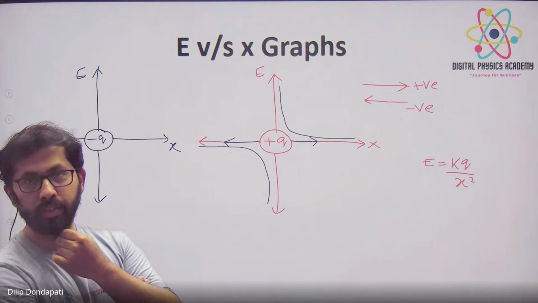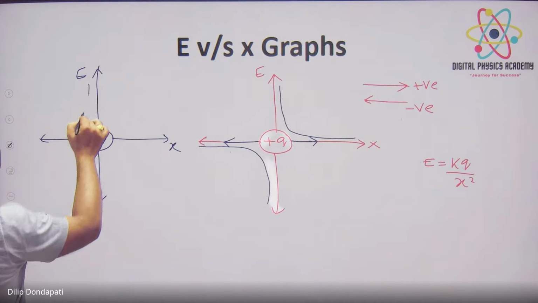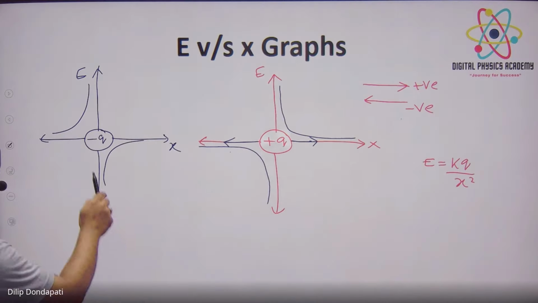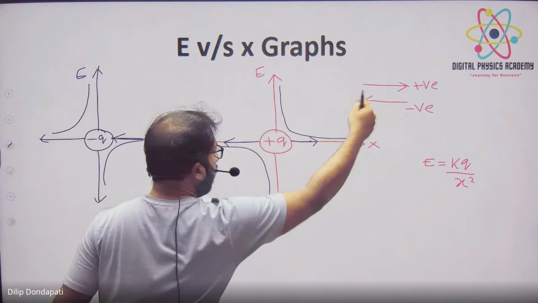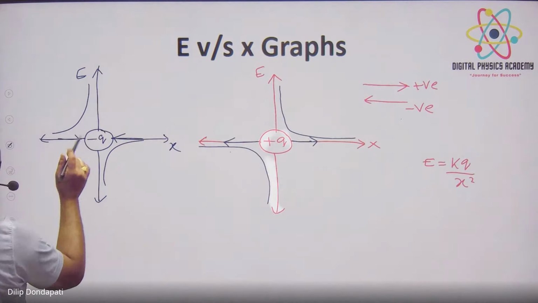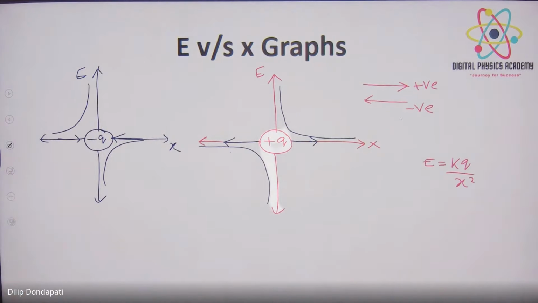So second and fourth. Yes, second and fourth. I asked Sriram. Like this we will get, like this and this side. Okay, because for a negative charge the field is towards, and towards means negative, that's why draw below, and here it is towards, which is positive, that's why above, since it is positive we should draw above. Okay, let's go.